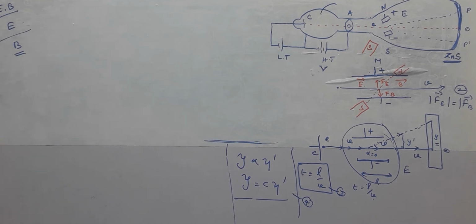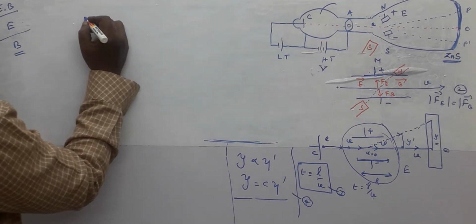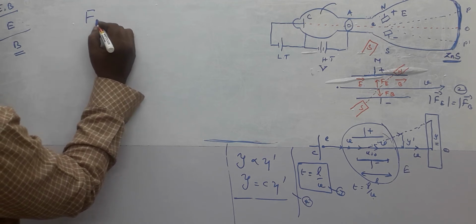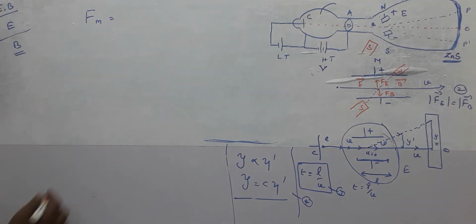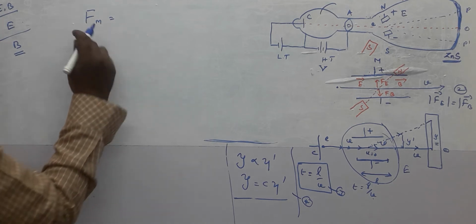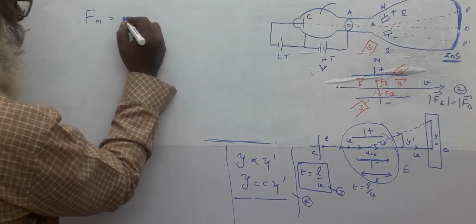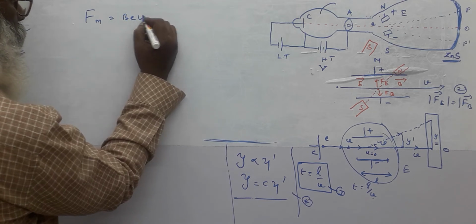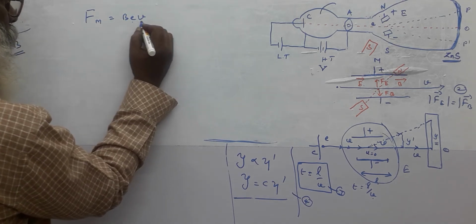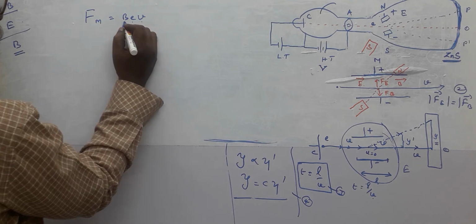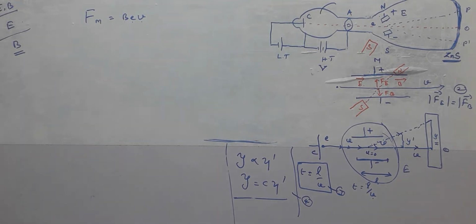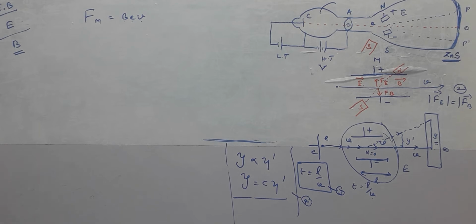Now we are applying the magnetic field, which gives the force due to the magnetic field. It is nothing but what I already denoted as BeV, where e is the charge of the electron, v is the velocity of the electron, and B is the applied magnetic field. Fm is equal to BeV.